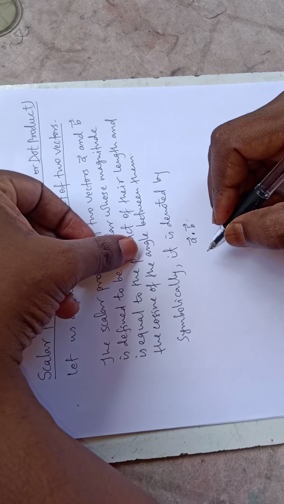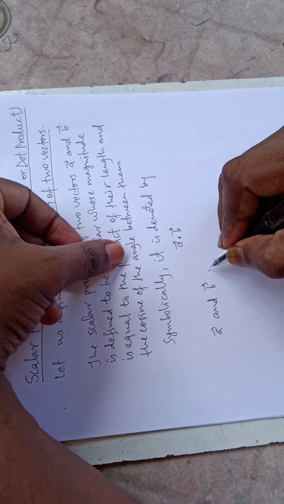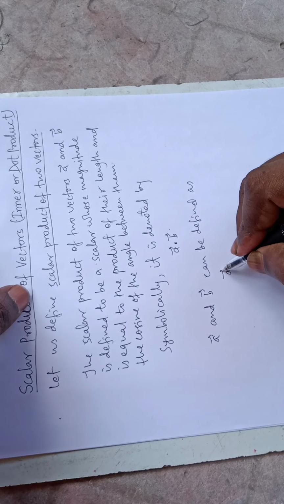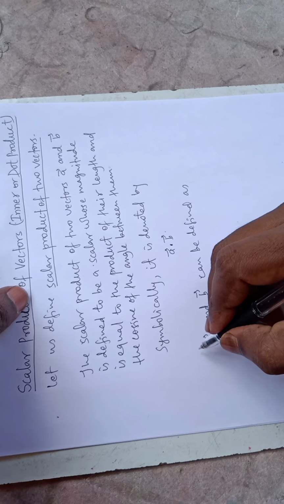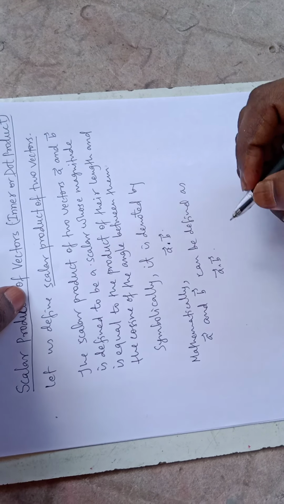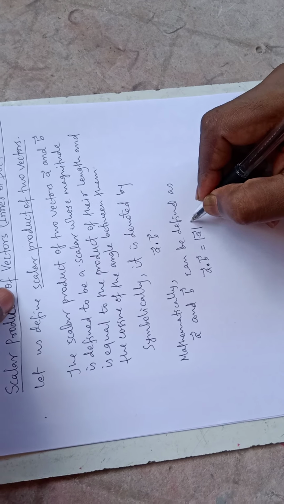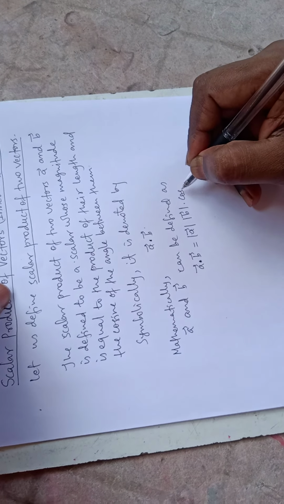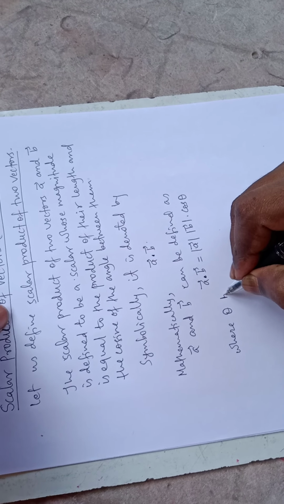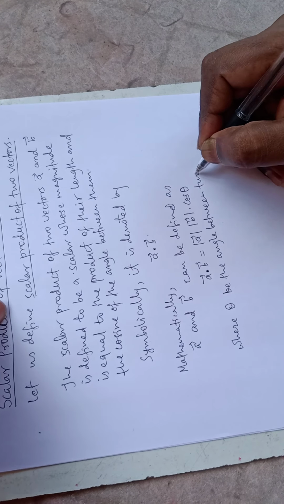Mathematically, the scalar product of vector a and vector b is defined as a dot b equals modulus of a times modulus of b times cos theta, where theta is the angle between the two vectors.